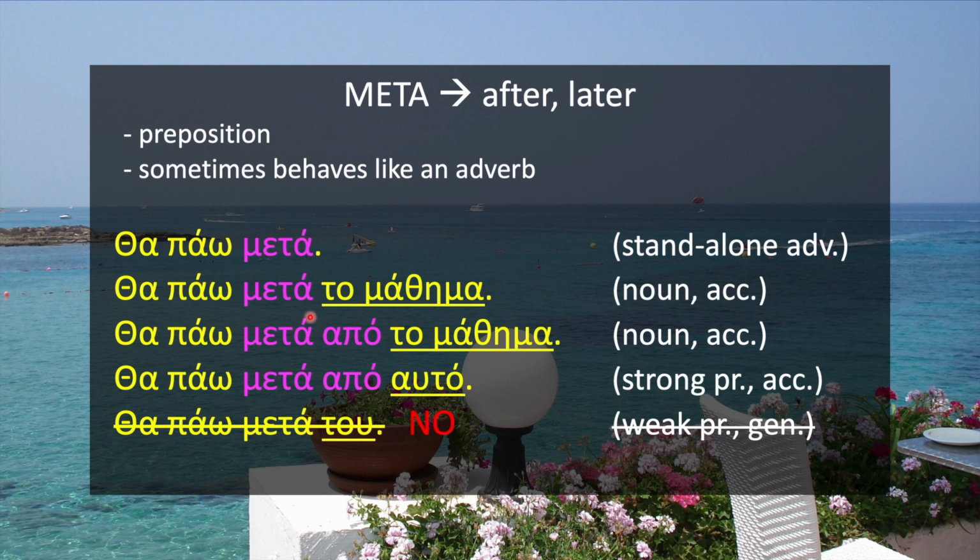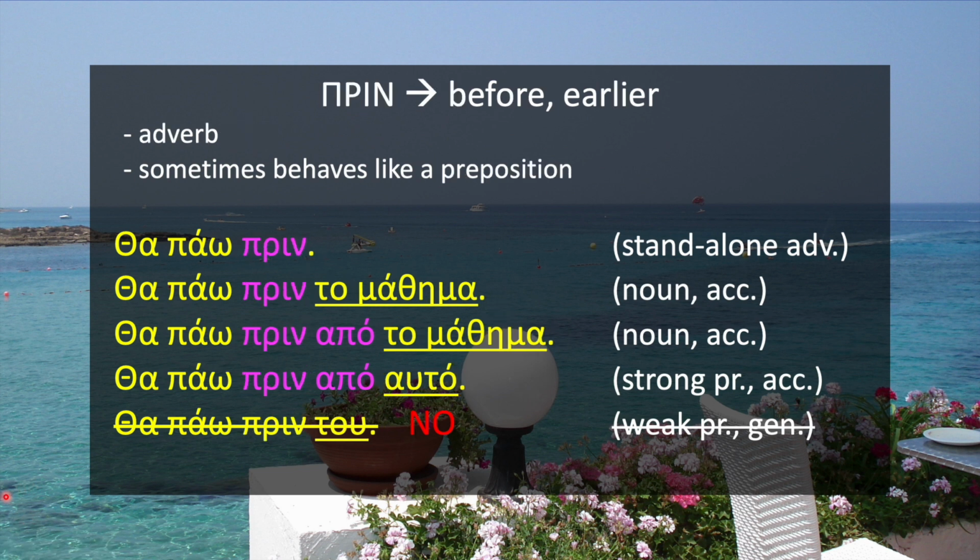In other words, it's better to say θα πάω μετά από το μάθημα than θα πάω μετά το μάθημα. And with πριν, it's better to say θα πάω πριν από το μάθημα than θα πάω πριν το μάθημα.